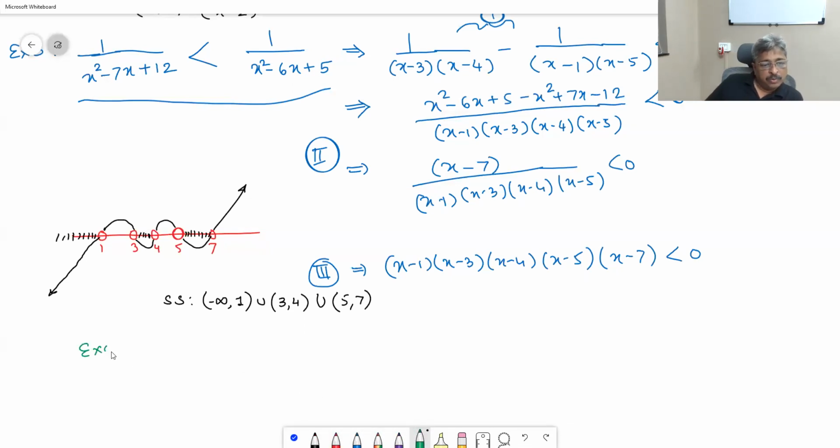Example number 4: 1 upon x square minus 7x plus 10 is greater than or equal to 1 upon x square minus 6x plus... 8x plus 7. Find the solution set of this.